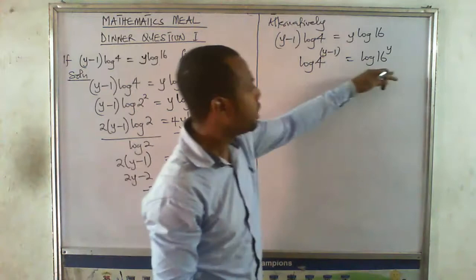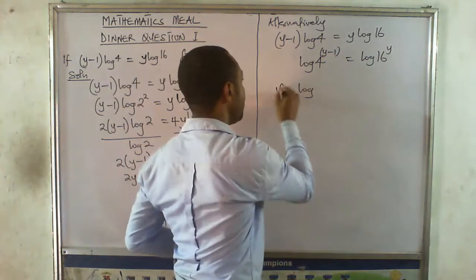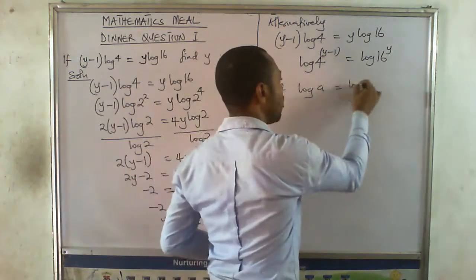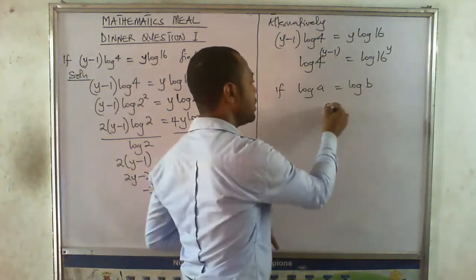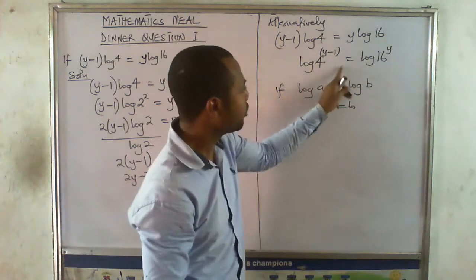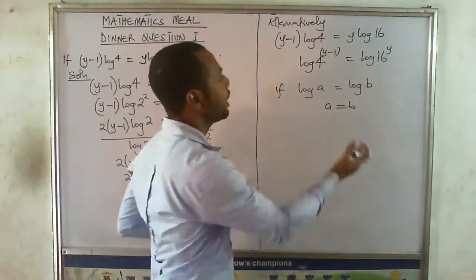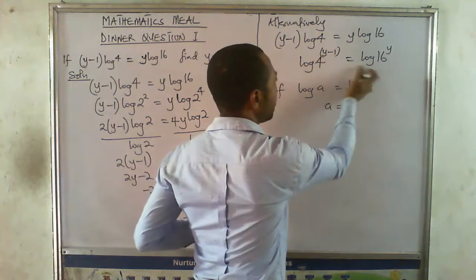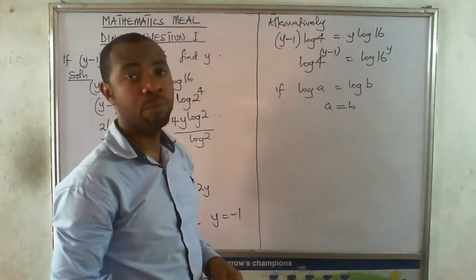Now if log A is equal to log B, and the bases are the same, the only way this is possible is if A is equal to B. So if log 4 raised to power y minus 1 is equal to log 16 raised to power y, it means that 4 raised to power y minus 1 will be equal to 16 raised to power y.